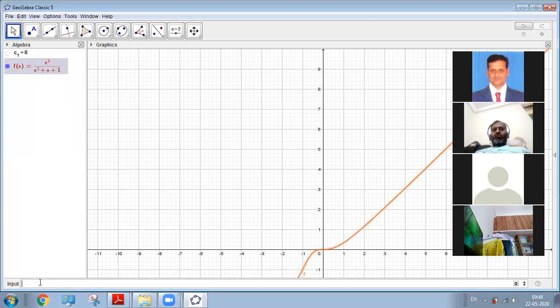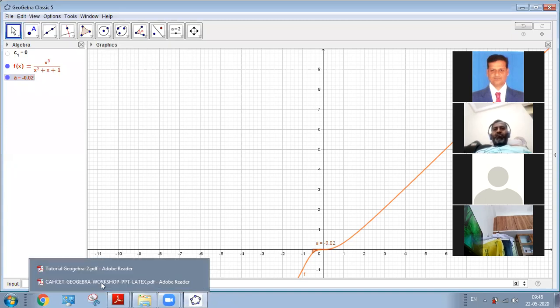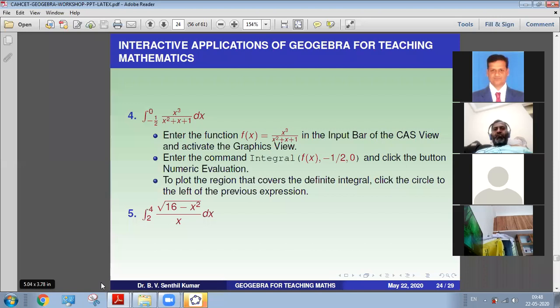Then integral f of x, minus 1 by 2 comma 0. You find the value of this integral to be minus 0.02. Similarly, you can find the value of other definite integrals.